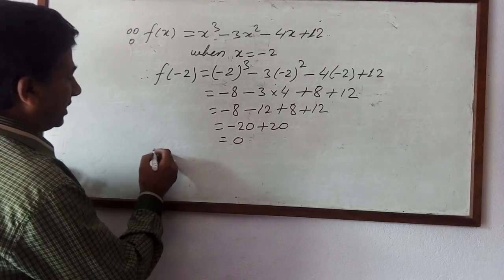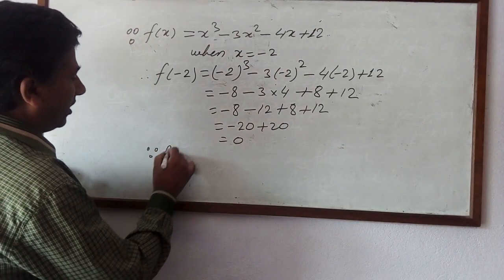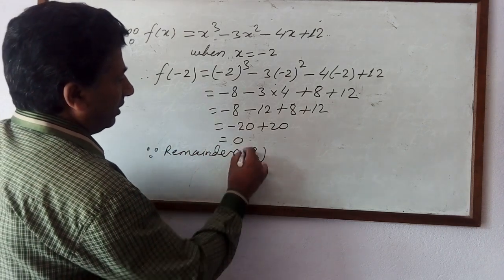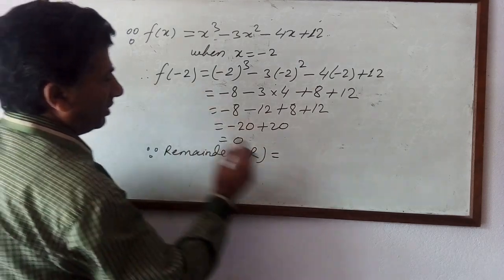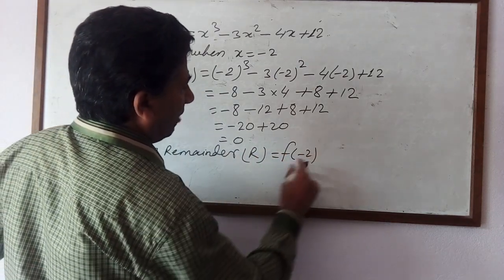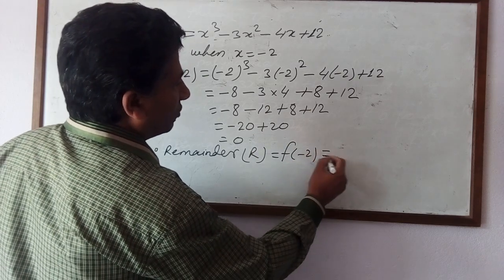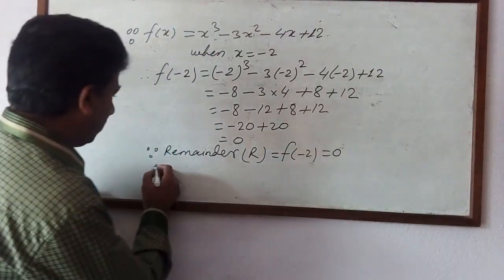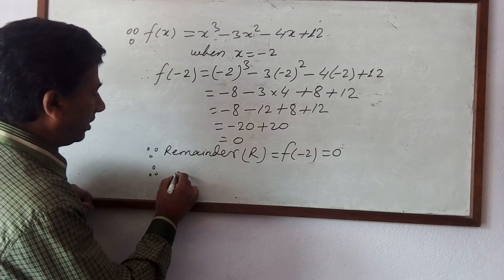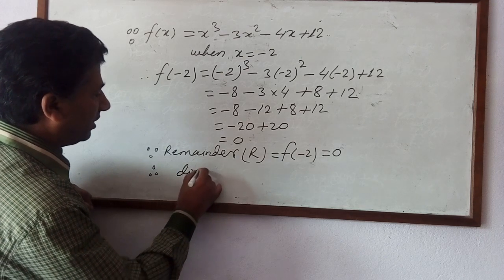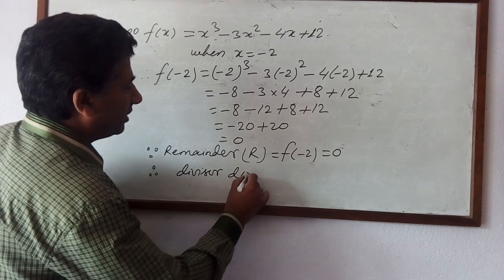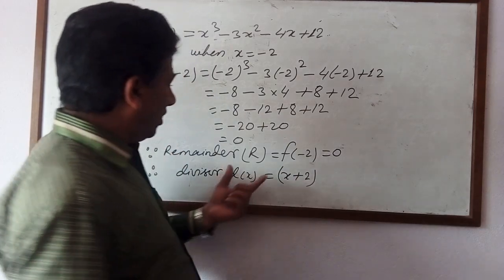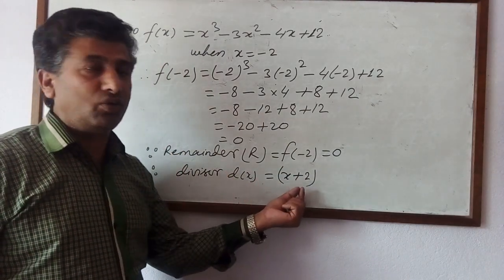In this way I have to write: since the remainder, f(-2), equals 0, therefore the divisor, our divisor x plus 2, is a factor.